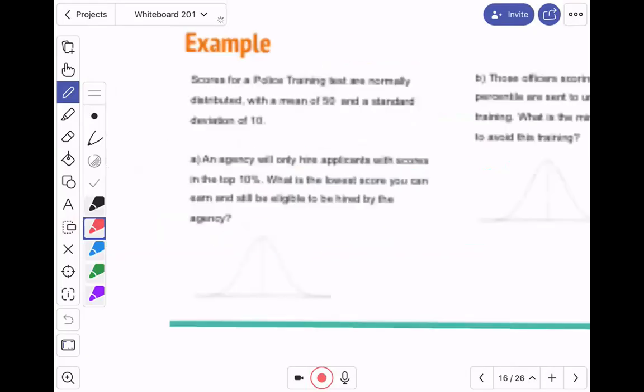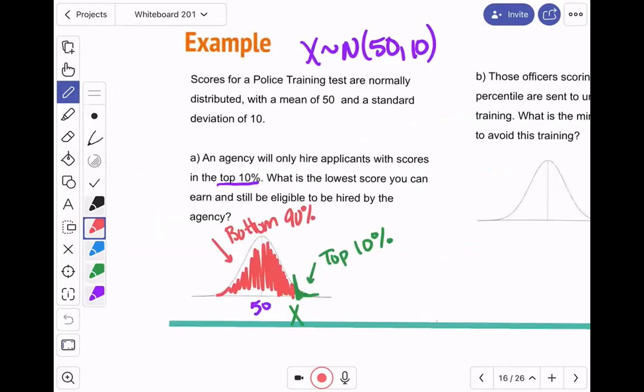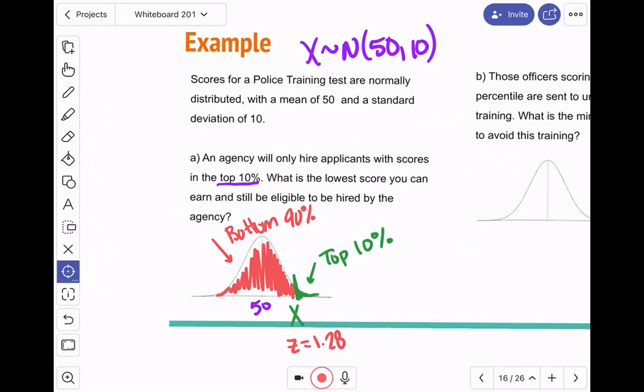So this particular X value corresponds to a z-score of 1.28, which makes sense, by the way. Why does it make sense? If you're at the top 10%, your z-scores are going to be positive or negative? Positive. It should be bigger than 0, and 1.28 is bigger than 0.